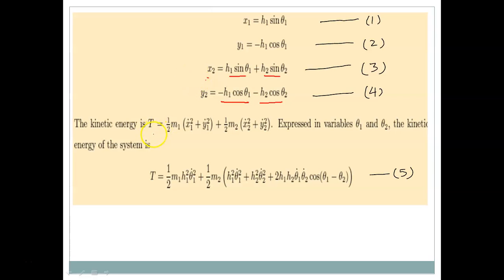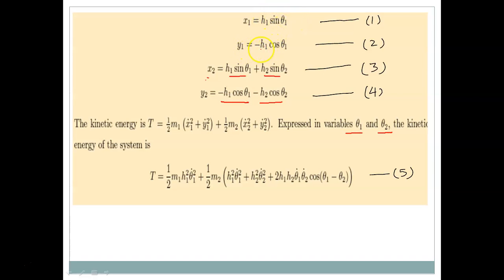Then the kinetic energy will be given by half m1 times x1 dot square plus y1 dot square, plus half m2 times x2 dot square plus y2 dot square. Now these are expressible in terms of the variables theta1 and theta2. When you find x1 dot, h1 is constant, so it will be h1 cos theta1 into theta1 dot, and we'll take the square.